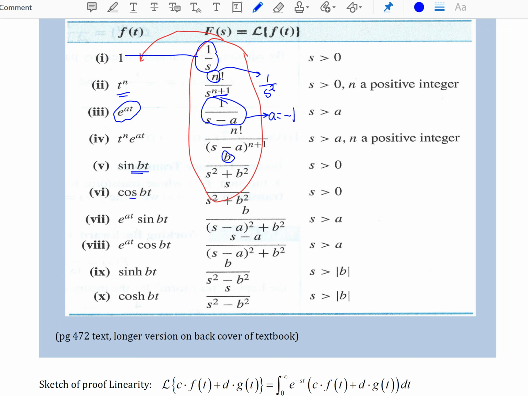If you're working with a cosine function, cosine of bt has an s squared plus b squared in the bottom, but now it has a factor of s in the numerator. So the difference between sine and cosine is whether or not you have b or s in your numerator.